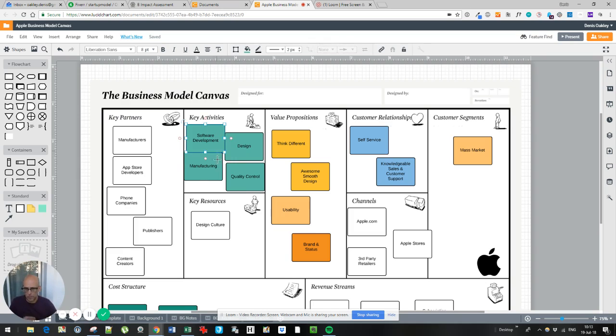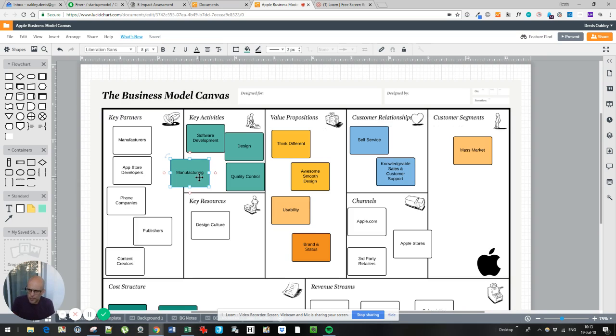This then leads us on into the key activities, and we're talking about, okay, how do we efficiently execute them? Or is key activity execution inefficient? So, for example, let's go back to the manufacturing at Apple. They outsource, I think, the vast majority of their manufacturing to Foxconn.